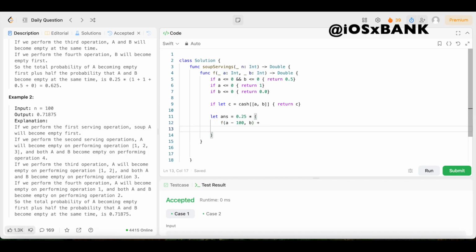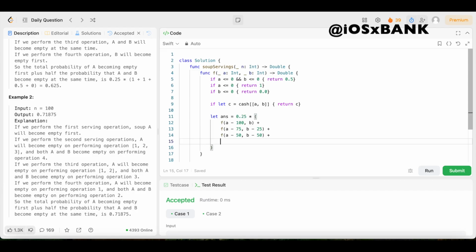If we serve 75 milliliters from A and 25 milliliters from B, we're going to say F, open up the parentheses, A minus 75, comma B minus 25, come outside of that, say plus. Then if we serve 50 milliliters from A and 50 milliliters from B, we're going to say F, open up the parentheses, A minus 50, comma B minus 50, come outside of that, we're going to say plus.